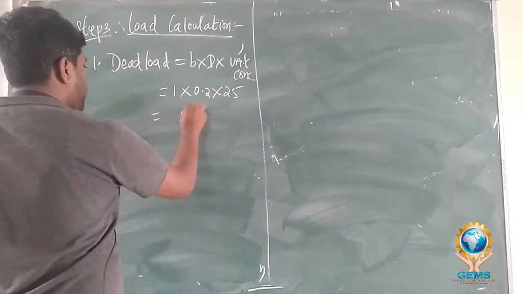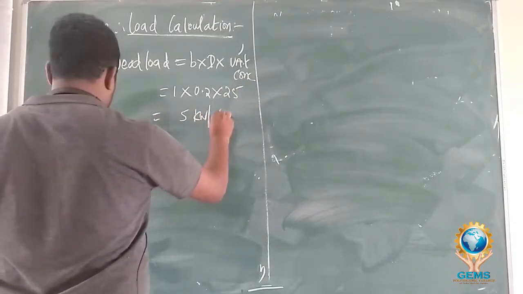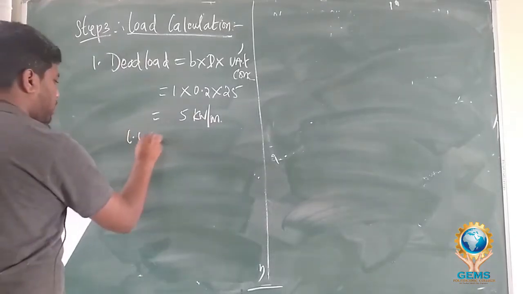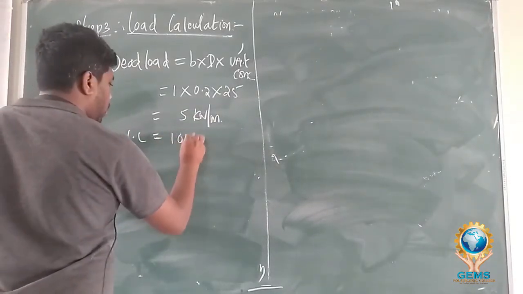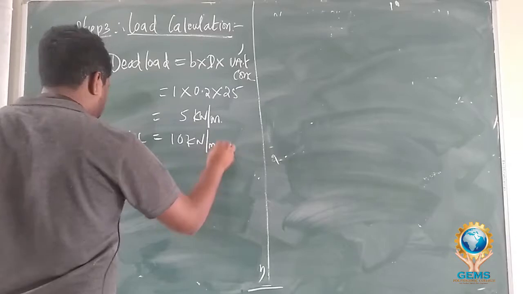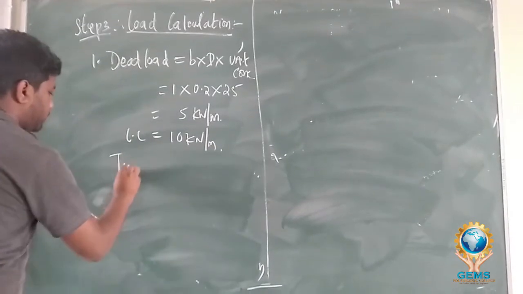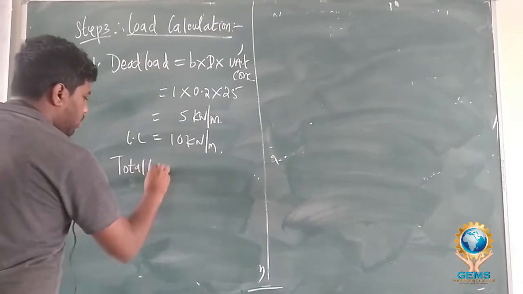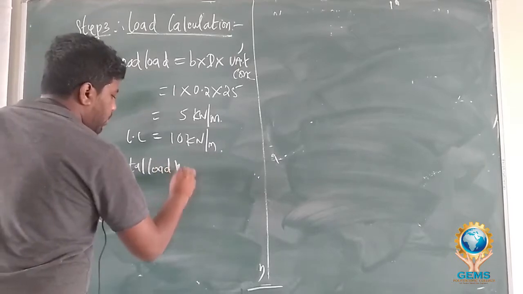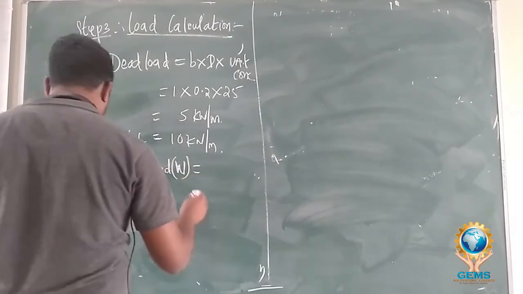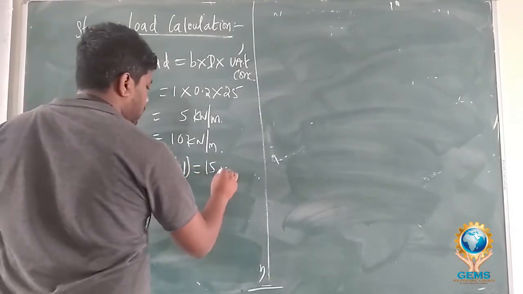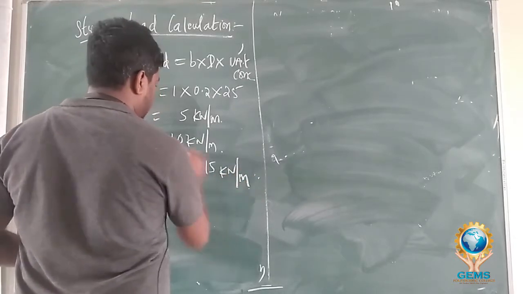Your answer is 5 kilonewton per meter. Live load is given, that is 10 kilonewton per meter. So total load W is equal to 15 kilonewton per meter.